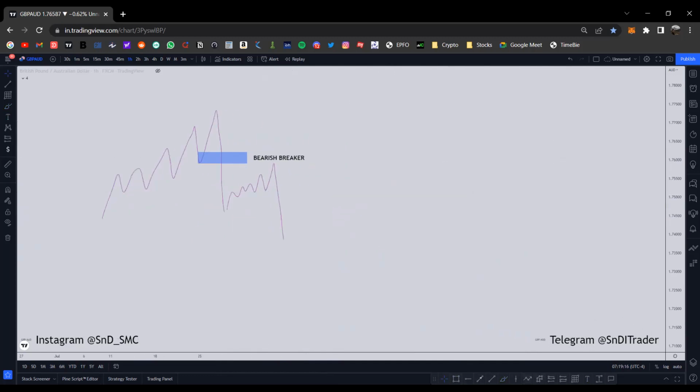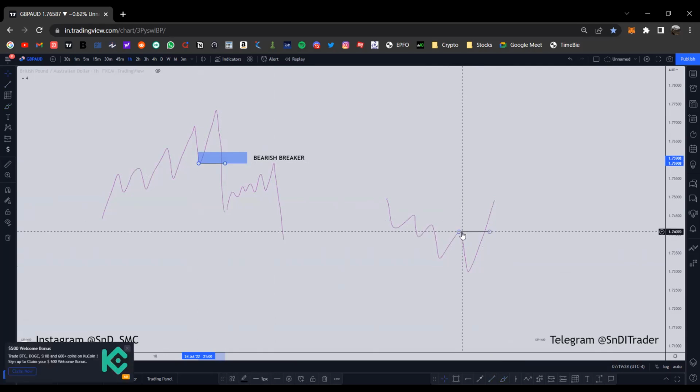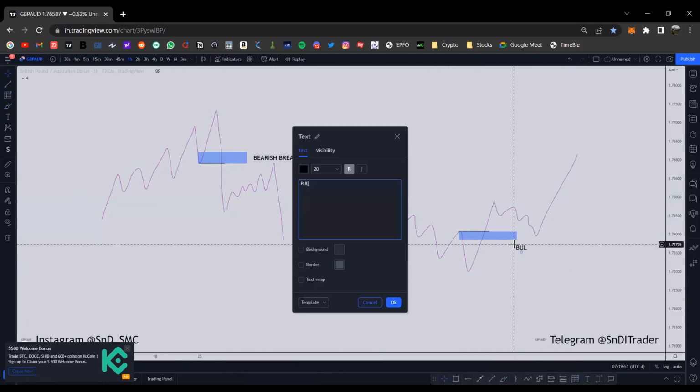And same thing, if price is going down, lower low, lower high, lower low, lower high, lower low, higher high, and price failed to give a nice drop from this one and broke towards the upside, like price broke towards the downside of this higher high and broke towards the upside of this lower high. So this can be a nice bullish breaker for you to take buys from here. So that is how these things can work. So this can be a full bullish breaker.